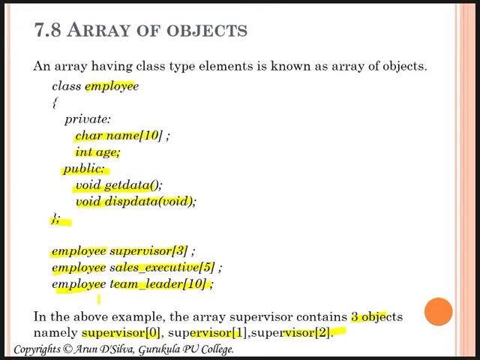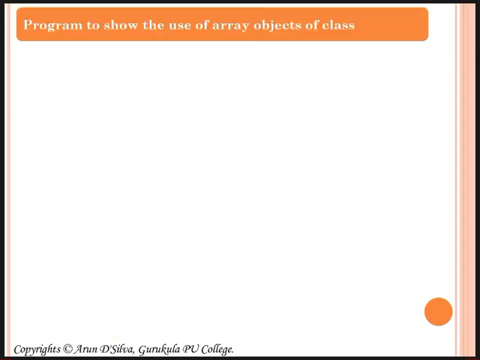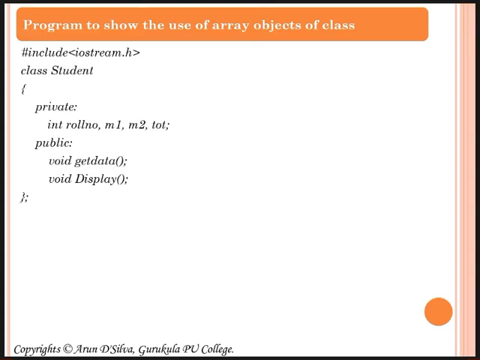Of course, if I don't show you with an example, you will not understand properly. So that's the reason I'll make use of this example, that is the use of array of objects in a class. The C++ program begins with the header file iostream.h, and I've taken student as a class name, and in the private section I'll take 4 integer type member data, that is roll number, m1, m2 and total.